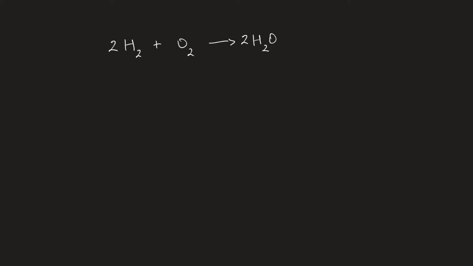It means that 2 moles of hydrogen gas are required to make 2 moles of water. In other words, the ratio of H2 to H2O is equal to 1 to 1. I hope that made sense.